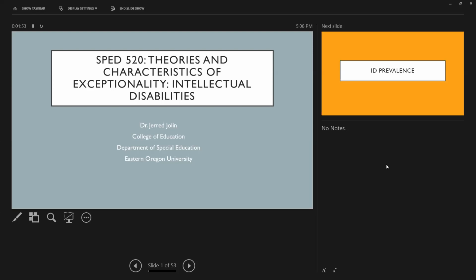We talked about these very archaic diagnostic categories of moron and imbecile and feeble-mindedness. And as you recall, these were the early descriptors that were given to people that today would more than likely be identified as having an intellectual disability.